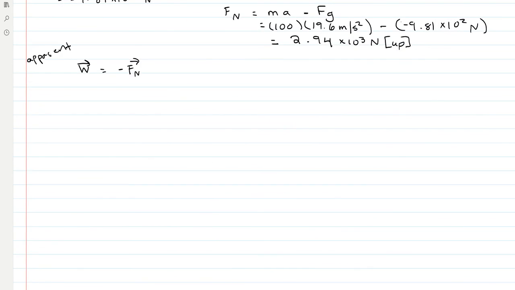They just work together here. So the apparent weight is the negative of our normal force. Our normal force was 2.94, so this gives us negative 2.94 times 10 to the 3 newtons. This is down.